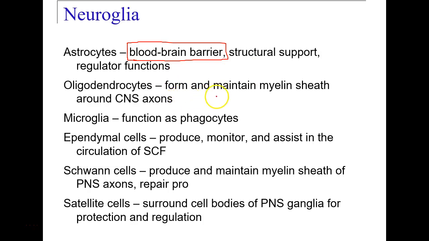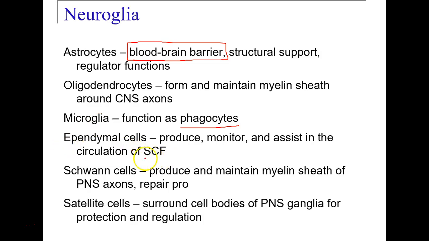Oligodendrocytes, we are forming and maintaining the myelin sheath around axons in the central nervous system only. So we will see how that creates an insulation and faster production of those action potentials. Microglia, they are kind of the immune cell of the central nervous system. They act as phagocytes, cleaning up debris.